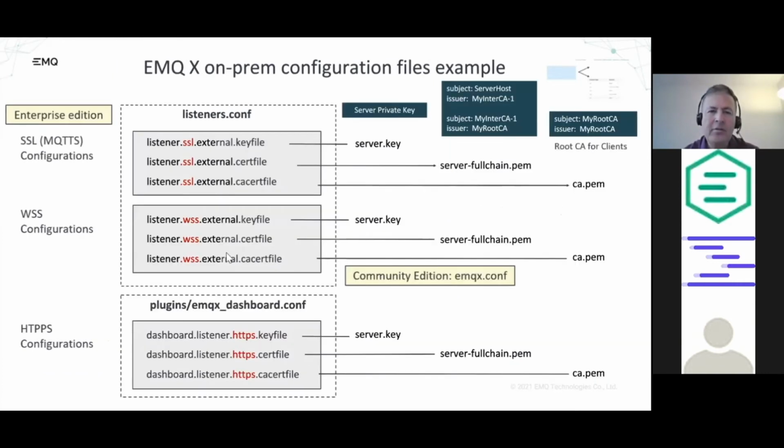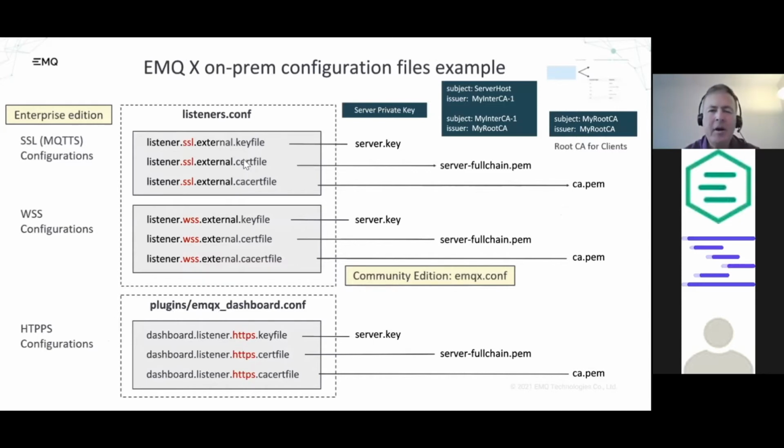So this is just more of a breakdown. For Enterprise Edition, the parameters for SSL and secure WebSockets are located in a file called listeners.config. And the HTTPS configurations are located in a file called emqx.dashboard in the plugins folder.